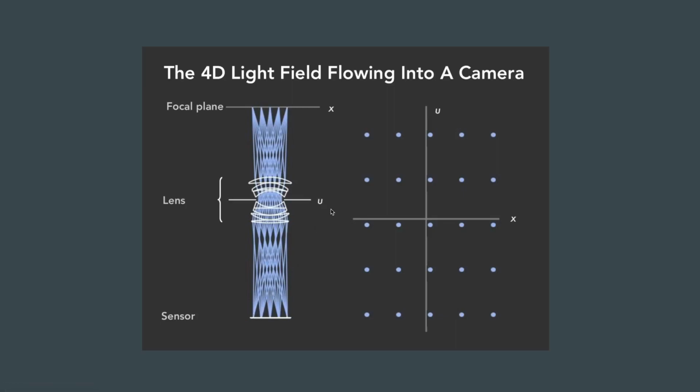And then we can denote the position of each of these rays by these UX coordinates, where X is the point on the focal plane that this ray passes through, and U is the point on the lens that the ray passes through.